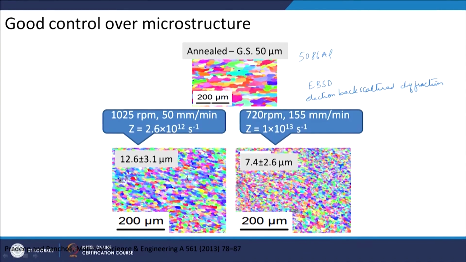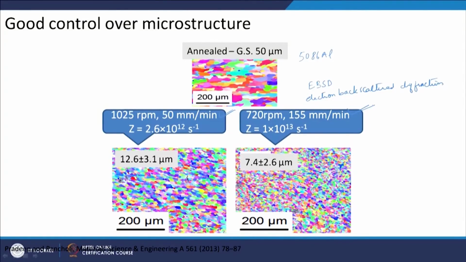Now, depending upon at what rate you are rotating and how you are moving the tool, if you control these two parameters, as is controlled here and here, you can see that you can do a variety of refinements.